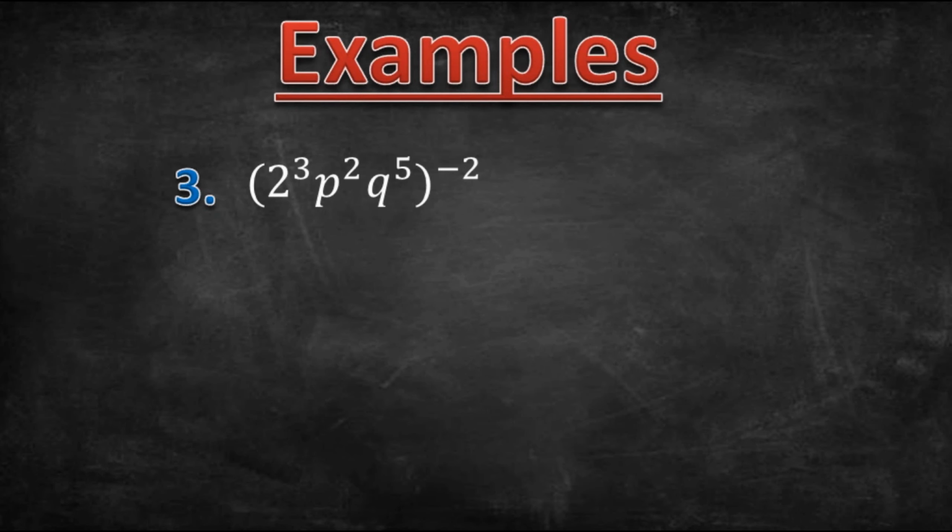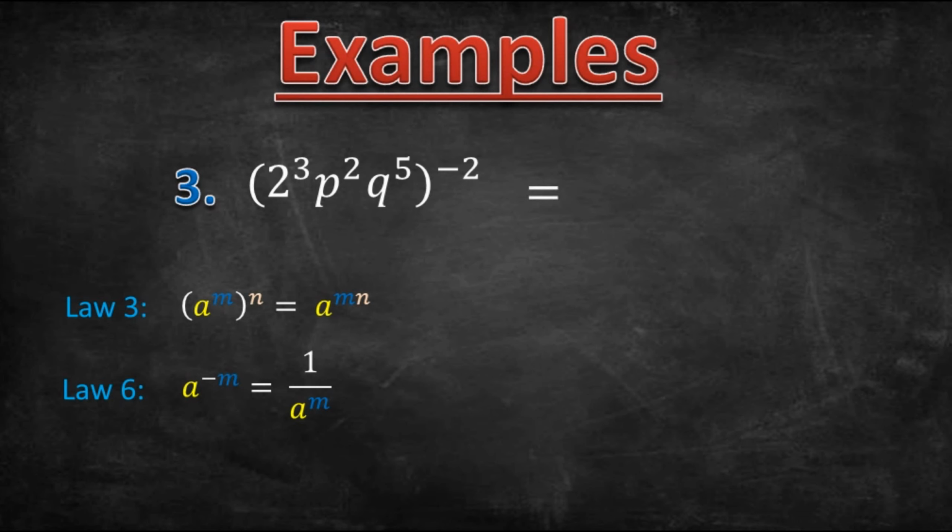Here we have a choice as to how we can proceed simplifying this expression. We can either start with law 3, in other words, we can multiply all the powers inside the brackets by the power outside the brackets, or we can go straight to law 6. So let's go to law 6. Of course, the brackets mean that everything inside is raised to the power of -2.